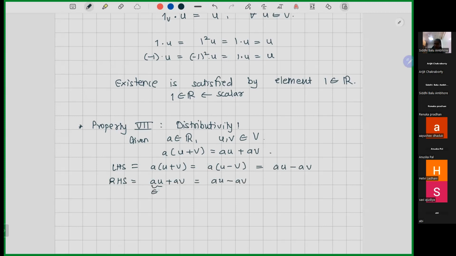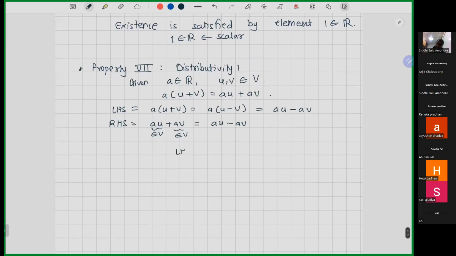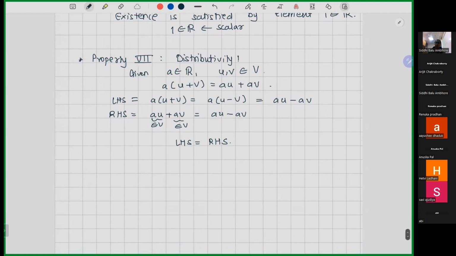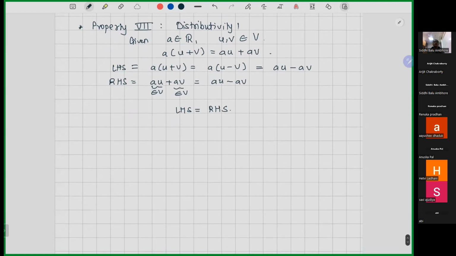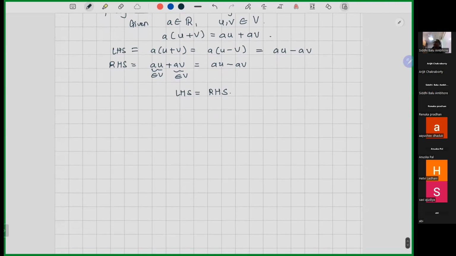This is in our V, this is in our V. And this subtraction we are doing in V. Okay. So in this case, this LHS is equal to RHS. So our condition is satisfied. So the scalar multiplication is distributive over addition defined in V.